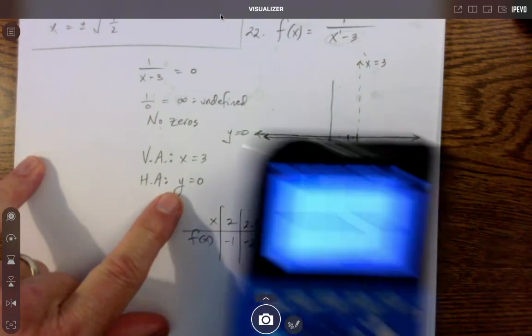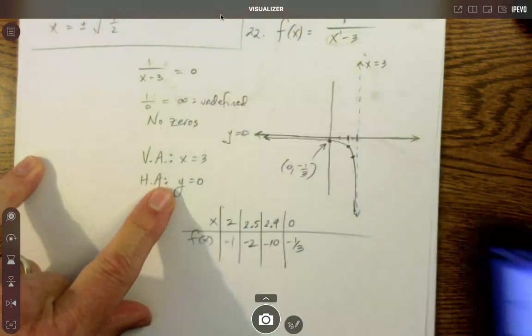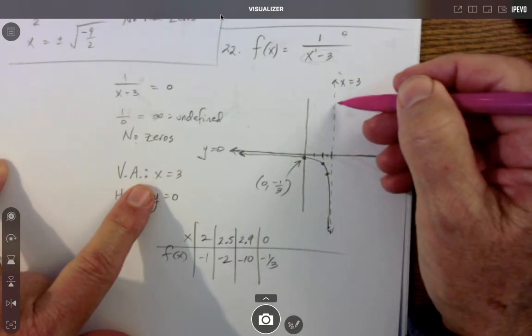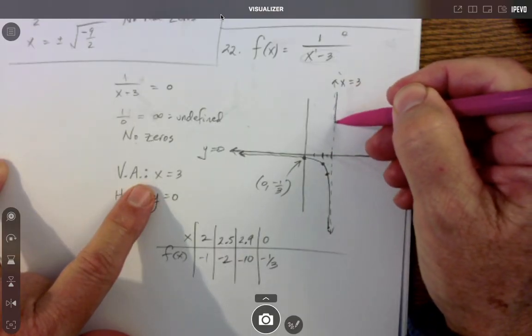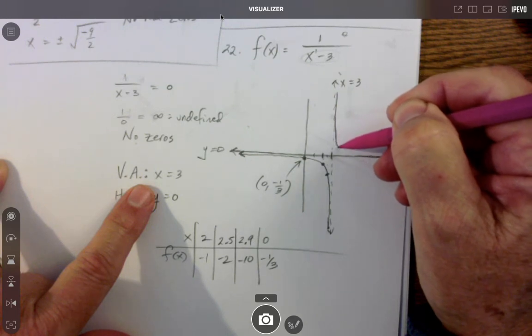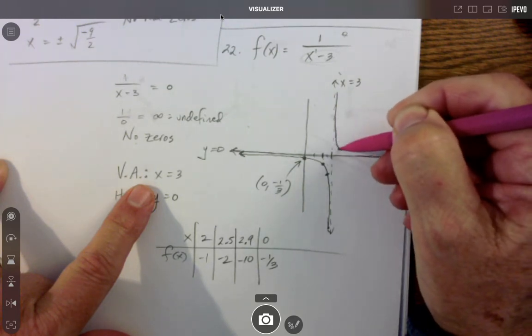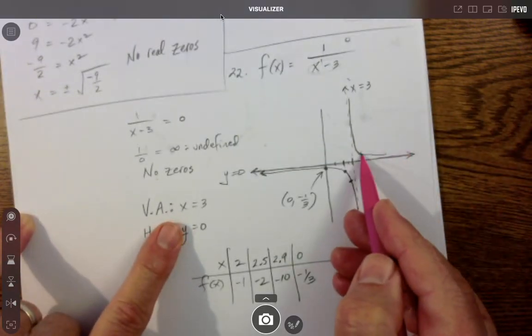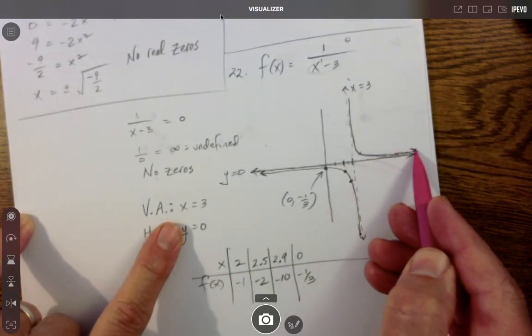All right, what about the other side? If you get close to 3 coming from the positive direction, it does this, and then it's going to pretty much be symmetric with this graph here, but on the other side of the x-axis. Something like this.